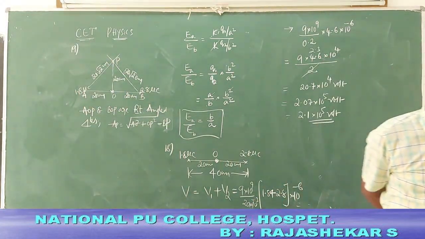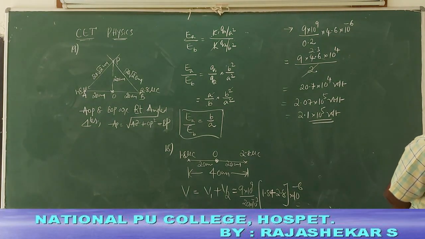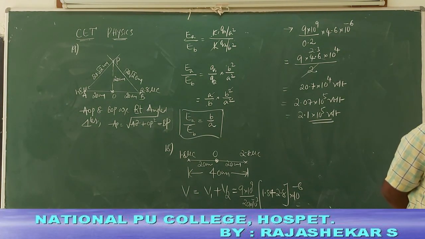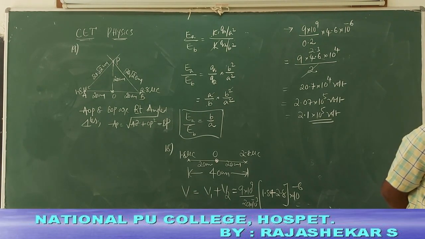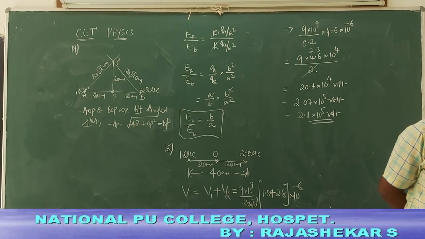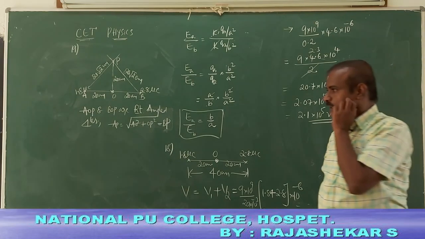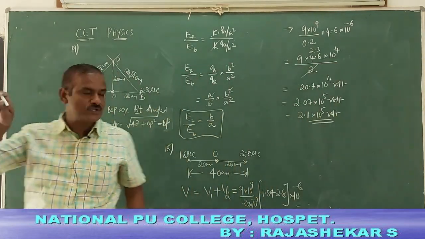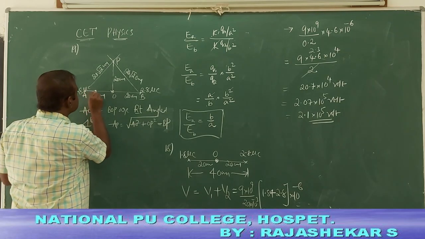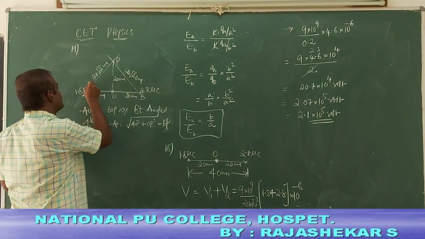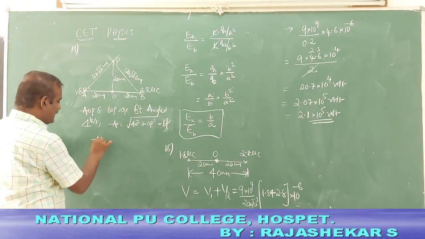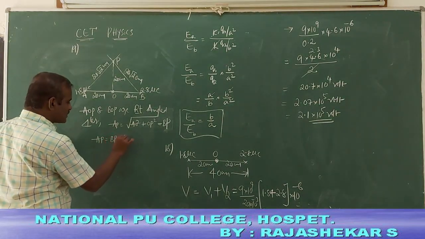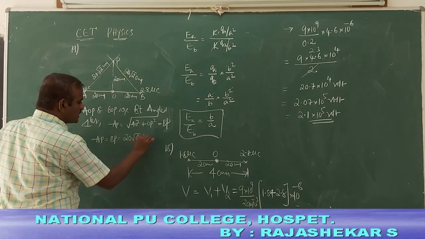You read the question carefully, you will see that in question number 18, the potential at a point 20 centimeter from the midpoint of the line joining the two charges in a plane normal to the line and passing through the midpoint, normal to this line joining. So AP distance is equal to BP distance, which is equal to 20 root 2 centimeter.